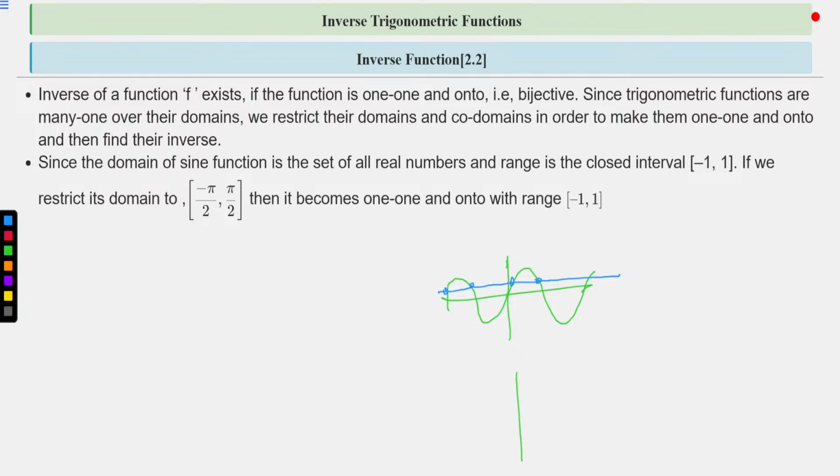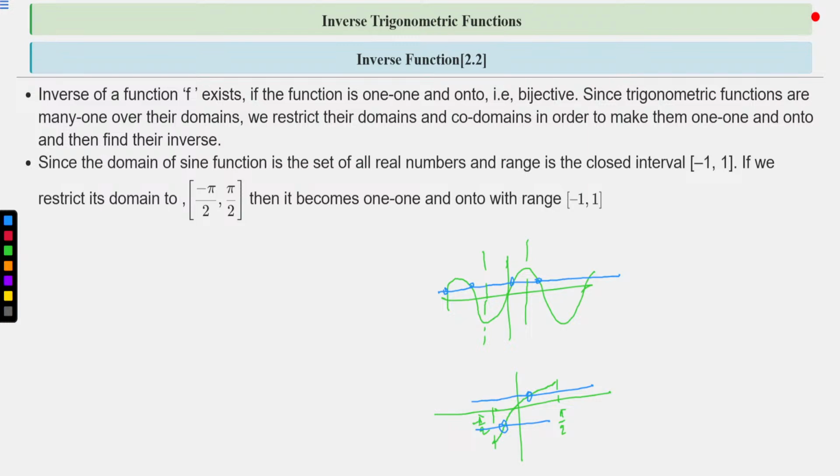But when you restrict the domain, suppose we restrict the domain from minus pi by 2 to pi by 2, right? This is minus pi by 2, and this is pi by 2. Clear? Now it is one-one, because if you draw any line parallel to the x-axis, it is cutting the curve at only one point.